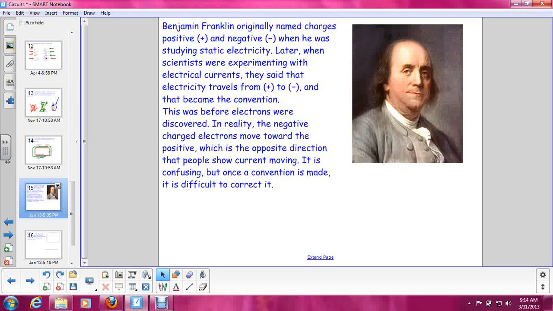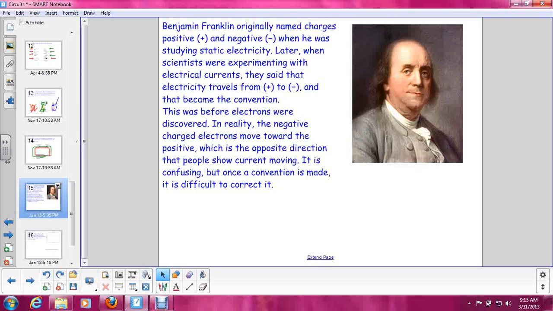That's easy, positive to negative. But that's before we knew electrons existed. So at that point, they had already said electricity, whatever the heck it is, moves from positive to negative. But now we know electrons are what move around inside our circuit, and electrons actually move from negative to positive.